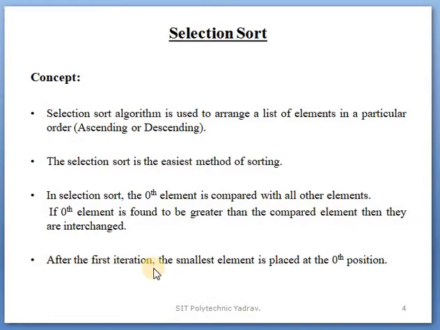After the first iteration the smallest element is placed at the 0th position. That means one element of the array is sorted, the smallest element placed at the 0th position.